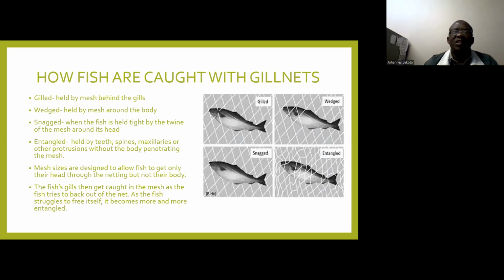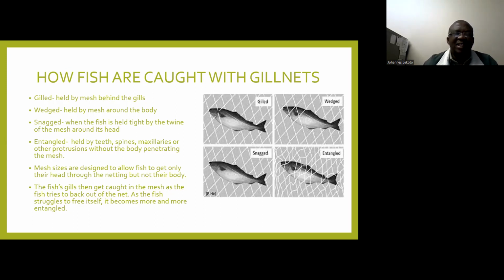How fish are caught with gill nets. Fish are gilled, meaning they are held by the mesh behind the gills. They are wedged, held by the mesh around the body. They are snagged when the fish is held tight by the twine of the mesh around its head. They are entangled, held by the teeth, spines, maxillaries, or other protrusions without the body penetrating the mesh.